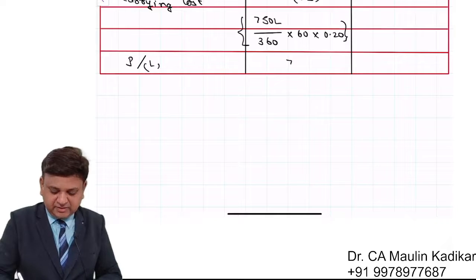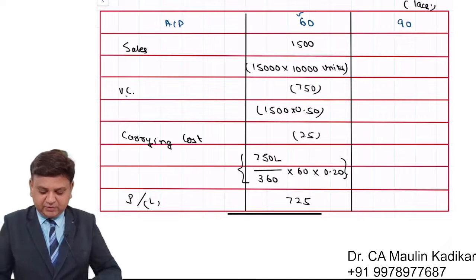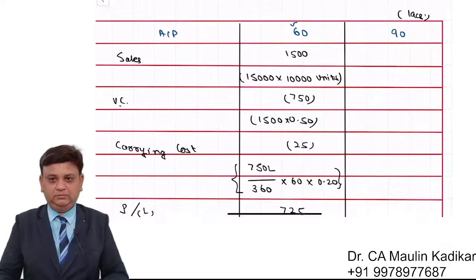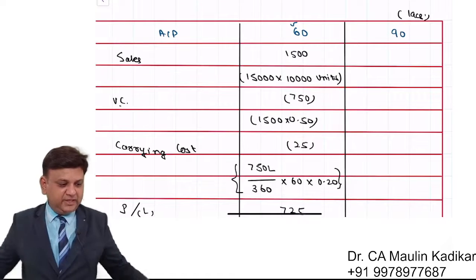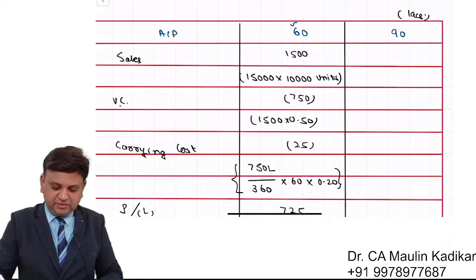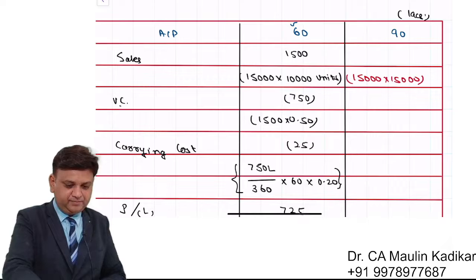I request you to write down the answer for 60 days, and I want you to write the answer in the chat box for 90 days. In case of 90 days, we have been provided that the sales are 15,000 units. So 15,000 rupees is the sales value into 15,000 units.